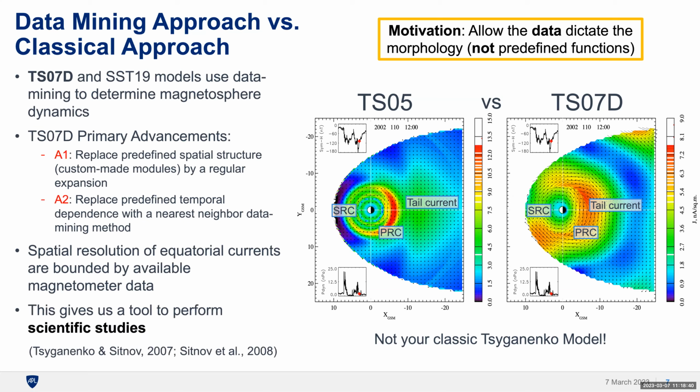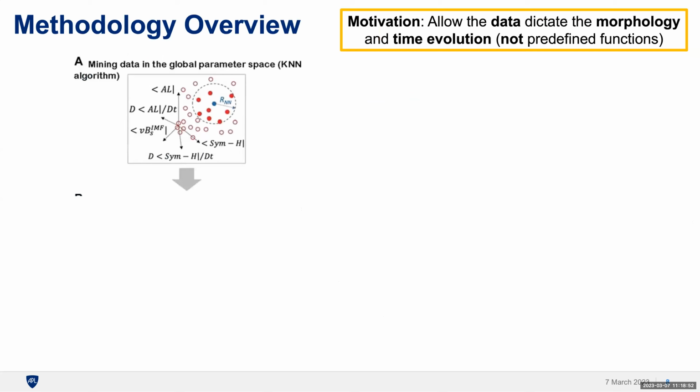The cool thing about this new approach is it makes these models really amenable to scientific investigations, because we can capture what is in the data. I want to briefly outline the general methodology. First, we have a database of magnetometer data, and then we use a data mining approach.